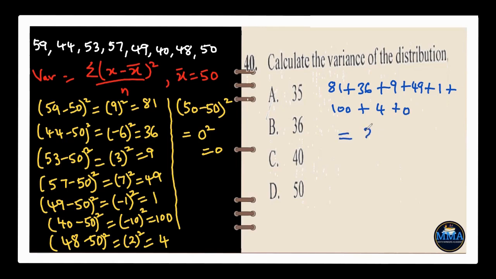Everything here is going to give us 280. And don't forget, our n is 8. So our variance is going to be 280 all over 8, and that is 35. And that's option A.